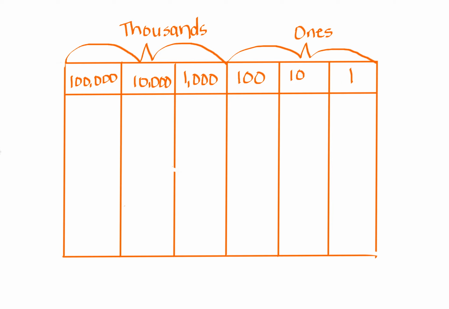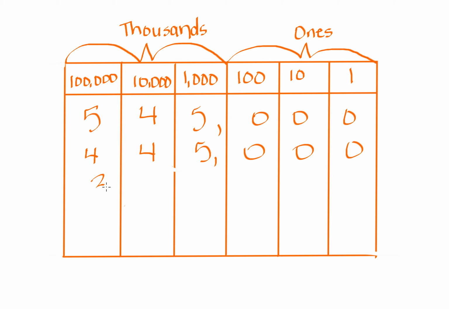All right, let's try one more. Now they're going to ask you to look at a pattern. So they're giving you these 3 numbers, 545,000, 445,000, 345,000, and then they ask you what's the next number that goes down here.